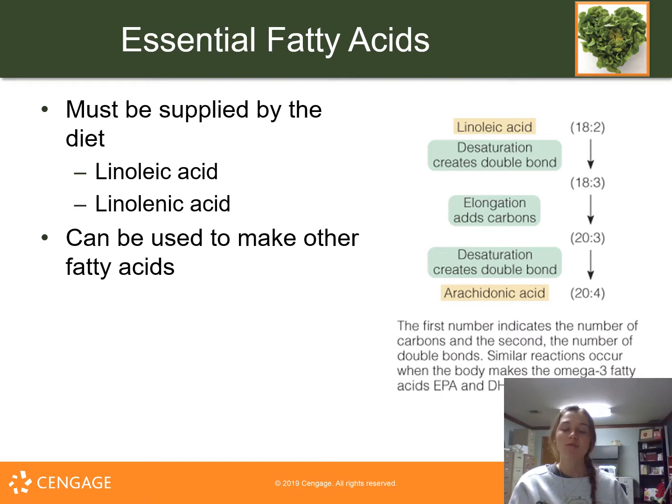For example, the omega-6 fatty acid, linoleic acid, can be desaturated and elongated and then desaturated again to form arachidonic acid. And similarly, the omega-3 fatty acid can be elongated to form fatty acids like EPA and DHA from its original 18 carbon structure.